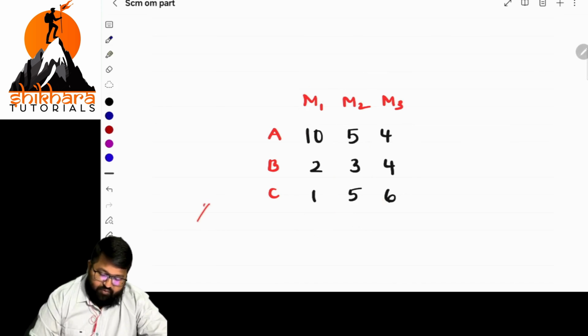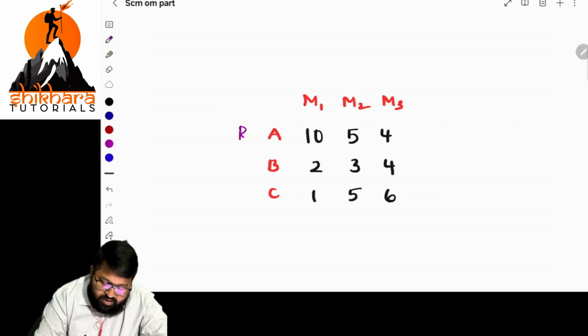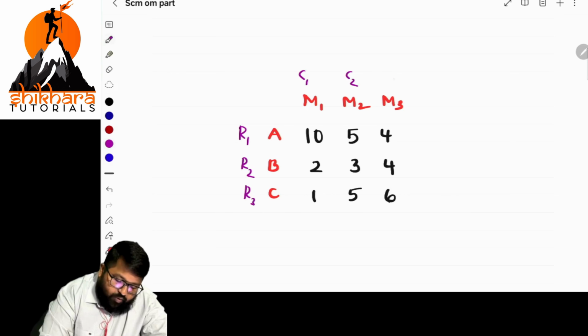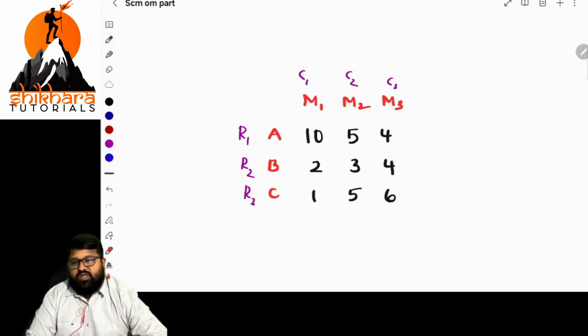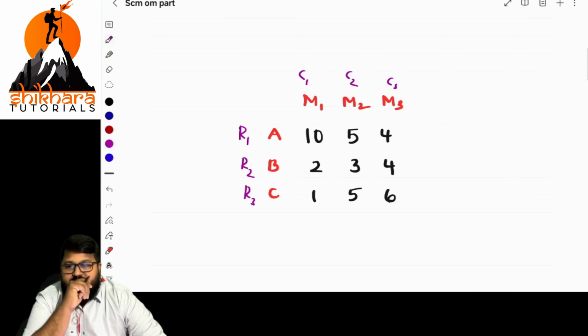The number of rows here is 3 and the number of columns is 3. Rows equal to columns, basically. So first you should be in a position to identify what are rows and what are columns. By that this will become row 1, row 2 and row 3, and this is column 1, column 2 and column 3. Is this clear? This is the first basic fundamental step. If you are identifying that part, then your entire task is done.